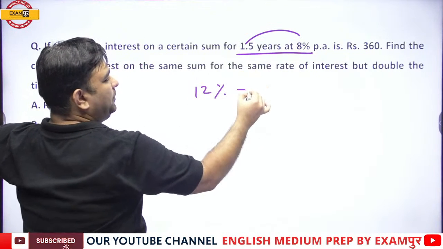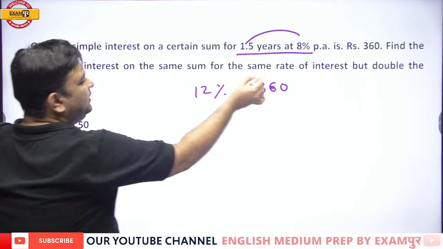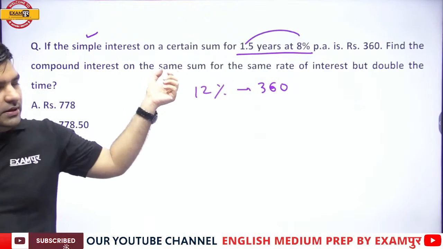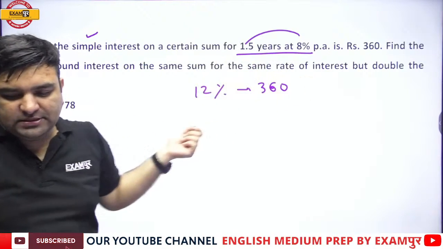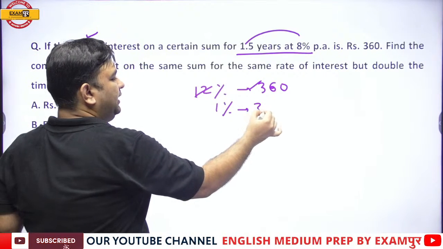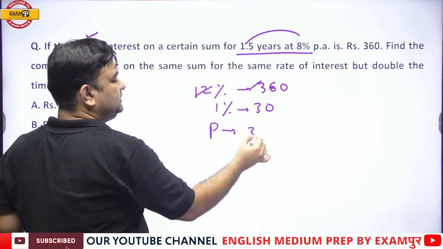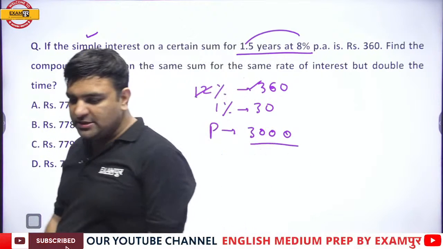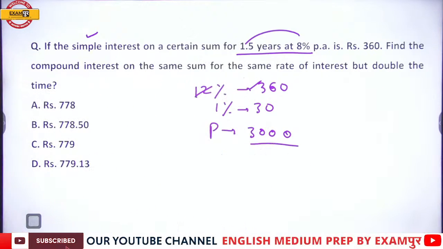Because it's a simple interest, 12% is given as 360. So 1% is 30 and the principal is 2 more zeros, 3000.